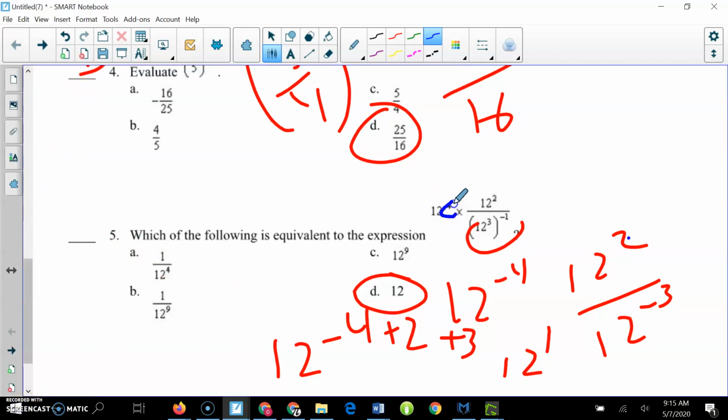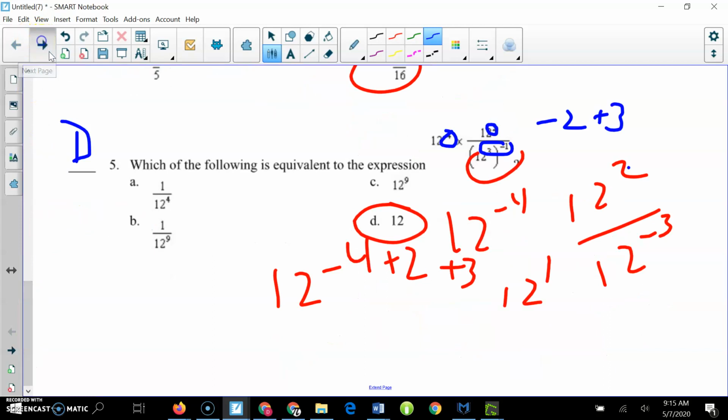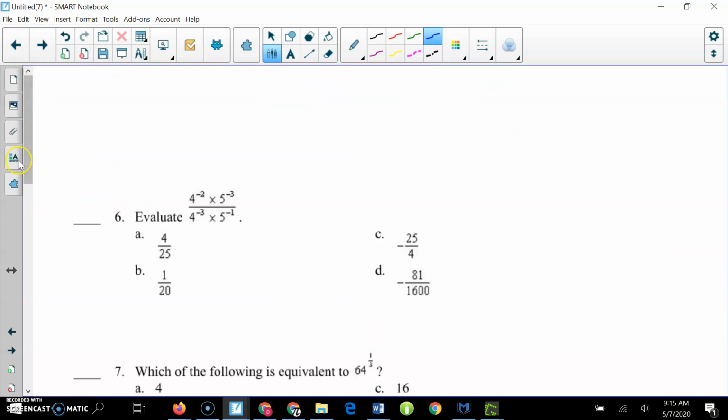Do it a different way here. -4 plus 2 is -2. This is going to be -3, so minus. So we'll end up with 12 to the power 1, which is that guy there, which is D. So a little bit of fun there. That's 5. Question 6, evaluate this guy.